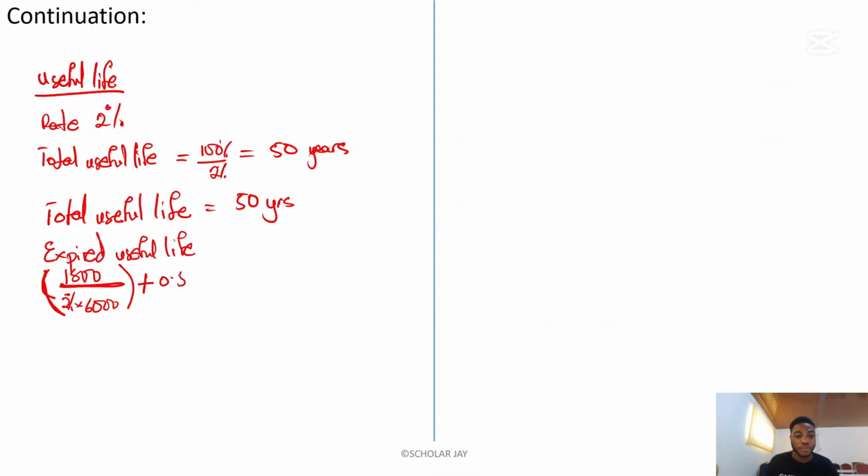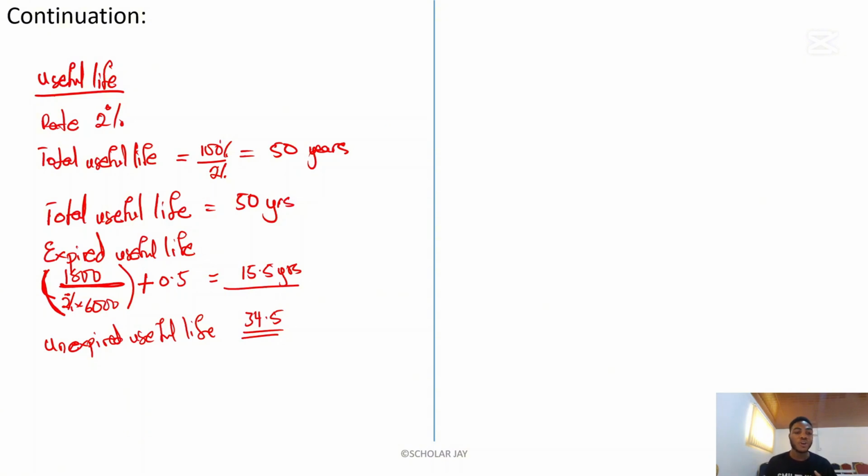So the expired useful life is going to give us 15.5 years. So if you are going to get the unexpired useful life, that will be 50 minus 15.5, and that is 34.5. Now, this is what we are saying.